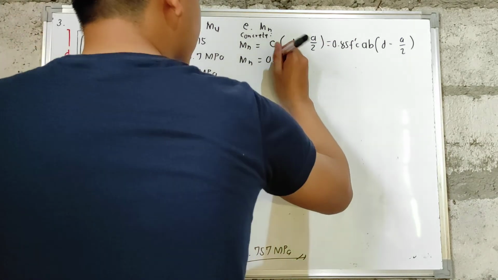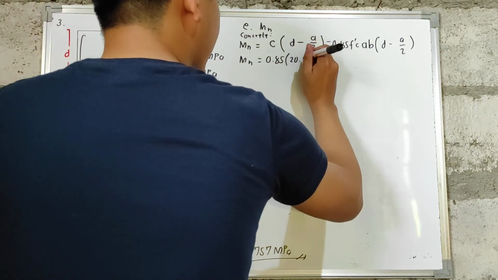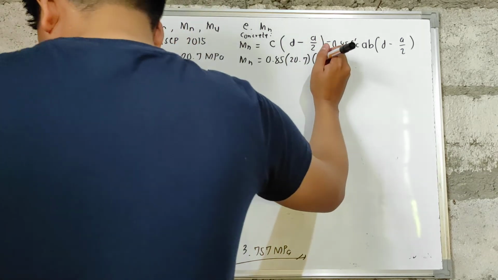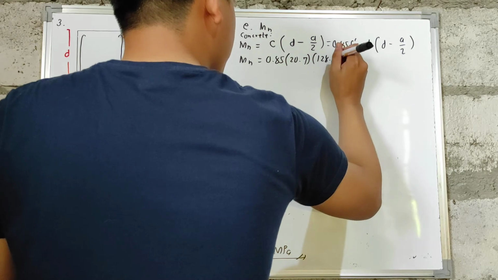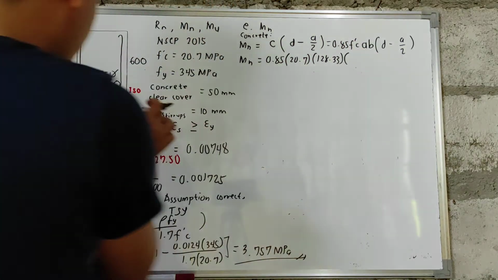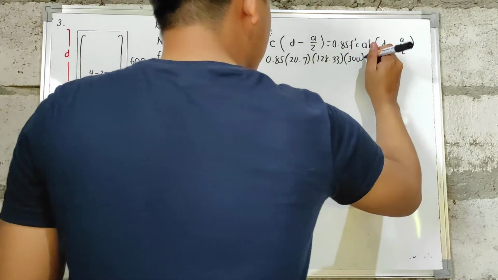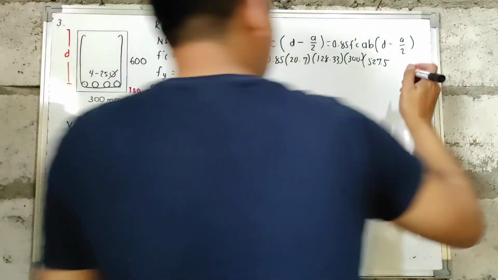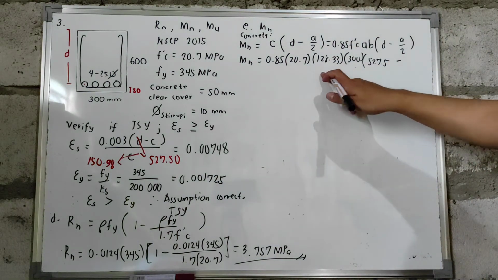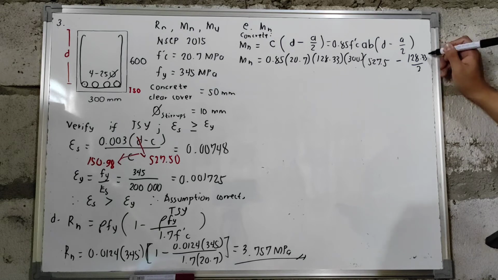So we have 0.85, yung F prime C natin na 20.7, and then we have a value of your A na 128.33, and yung width ng beam natin na 300 multiplied by 527.5 na effective depth ng beam natin minus yung A over 2 natin na 128.33 over 2.